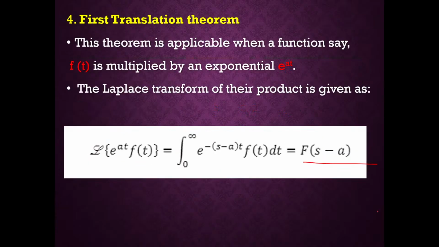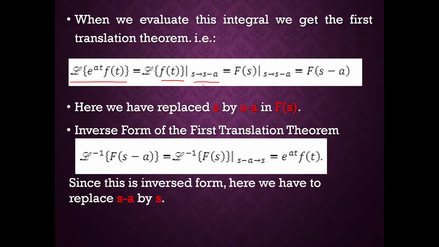That's what is happening here, isn't it? Here there was only s, but here s is extended to s minus a. So Laplace of e power at f of t is equal to Laplace of f of t at s tends to s minus a.